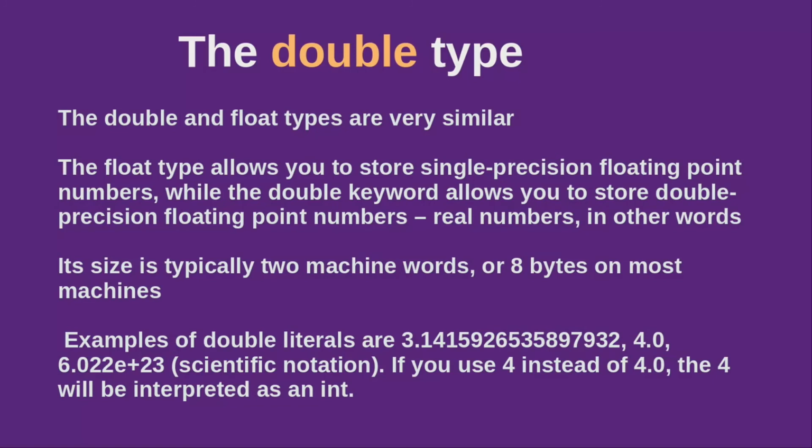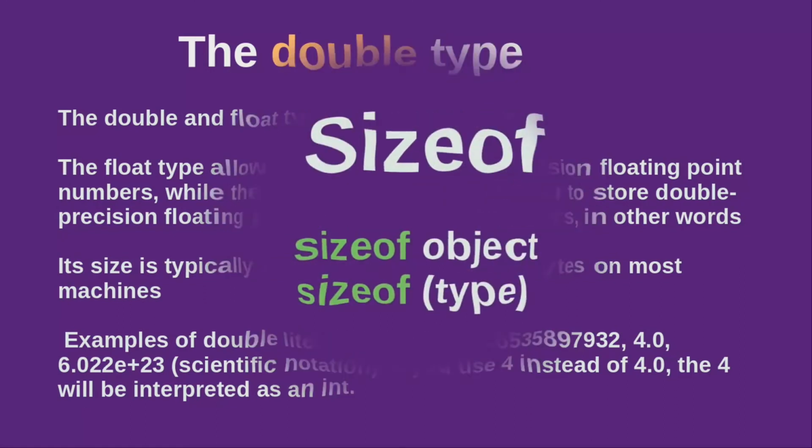Nowadays, with memory more freely available, you rarely need to conserve memory like this. So it may be better to use doubles consistently. Indeed, some C implementations use doubles instead of float when you declare a float variable. If you want to use a double variable, use the double keyword.